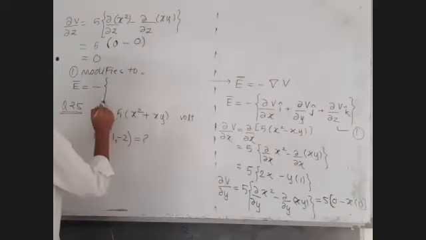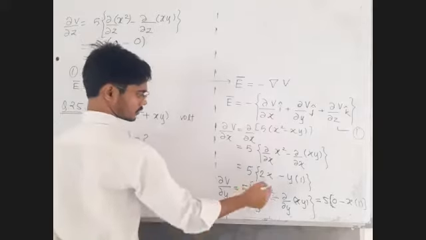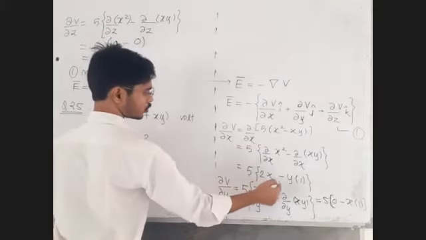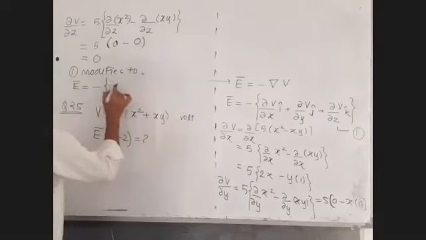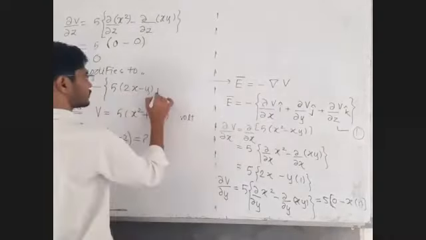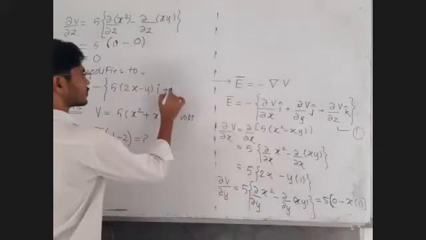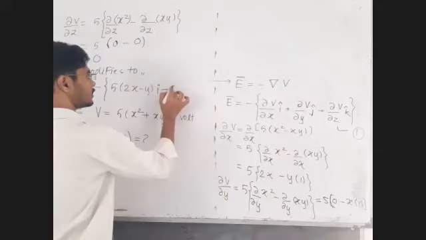Bracket, dou V by dou x is 5 into bracket 2x minus y, into I cap, plus dou V by dou y, it is minus 5x, so minus 5x into j cap. Dou V by dou z, it is 0, sir, so plus 0.